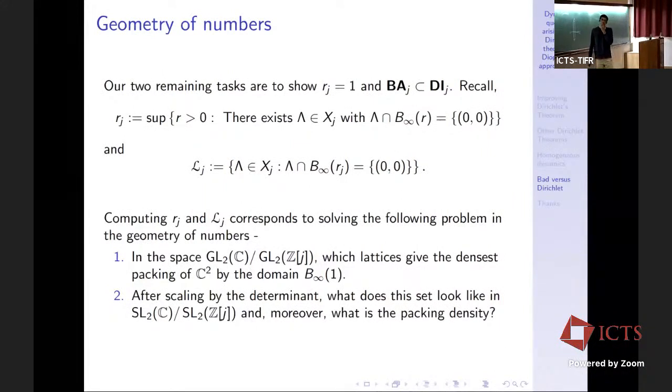In the space of all Eisenstein lattices, GL2(C) mod GL2(J), which of them give the densest packing of C^2 by this domain B infinity 1? B infinity 1 is a product of disks. So maybe I lied to you, we're not doing sphere packing, we're packing a product of disks. But it's still okay.